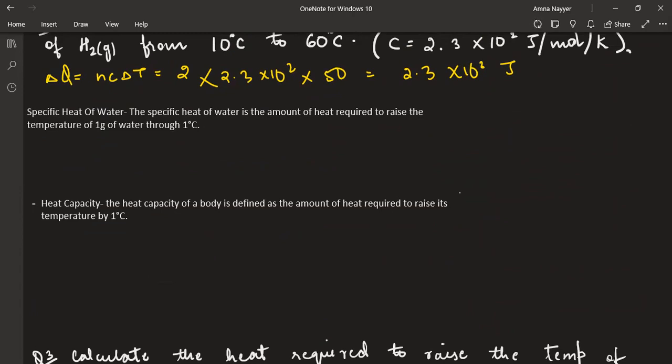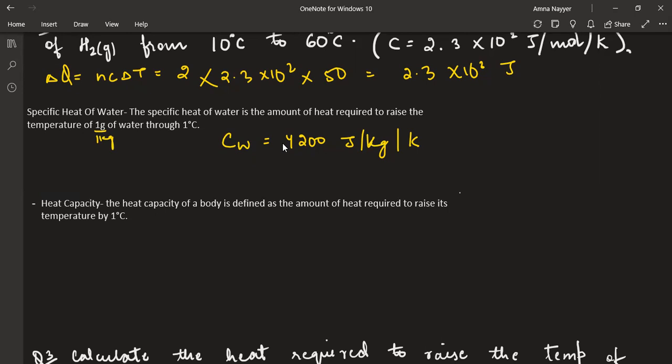Not 1 gram, make it 1 kg. In SI unit, it will be the same thing. See, so this value is fixed. You have to remember this value, 4200 joules per kg per Kelvin. Remember this value. Fine, specific heat of water.